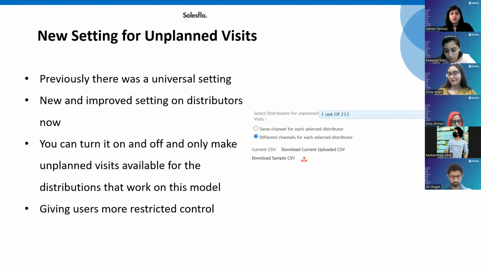Now we've made this setting bifurcate distributions as well, so that any particular distribution that wants unplanned visits enabled, only those can carry on with the unplanned visits. Otherwise, other distributions will not be affected.